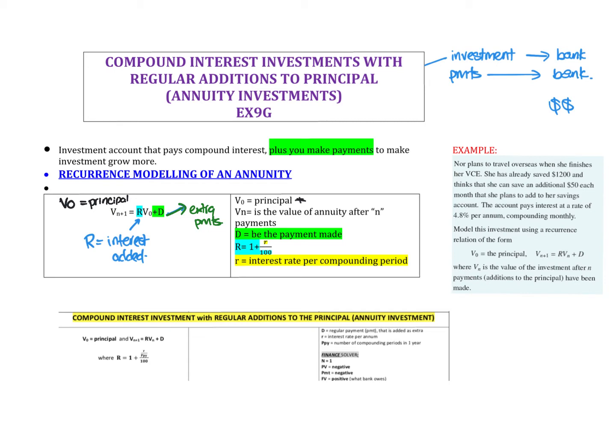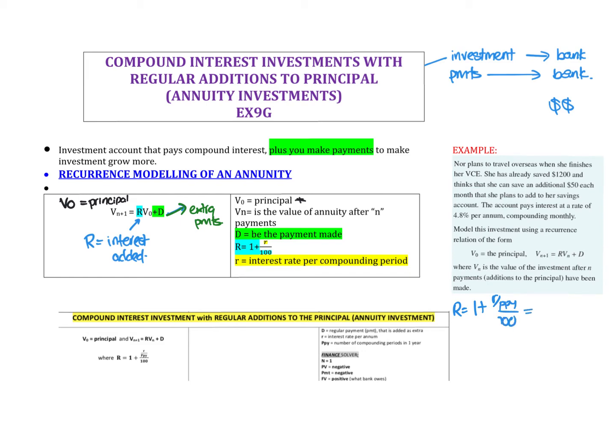So what we now have to do is first get that R value, which we can see in our formulas. Sorry, it should be 1 plus. Beg your pardon. So it should be R equals 1 plus r over PPY over 100.